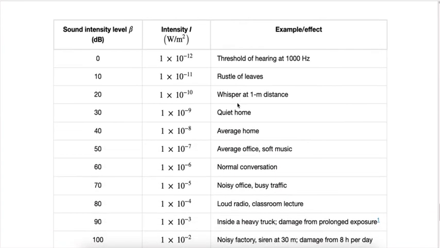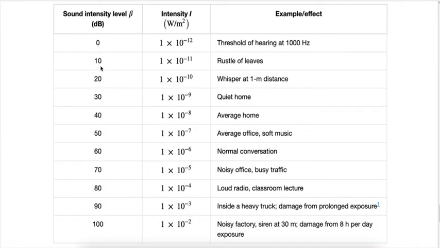Okay, so here are some decibel levels for some common examples. So an average home has a sound intensity level of about 40 decibels. The average office is about 50 decibels. Now remember, you always have to remember that the decibel scale is a logarithmic scale.